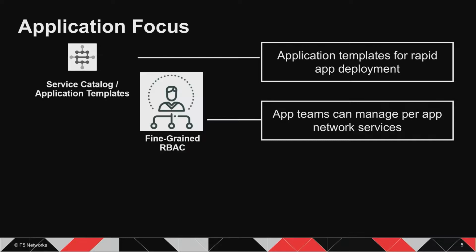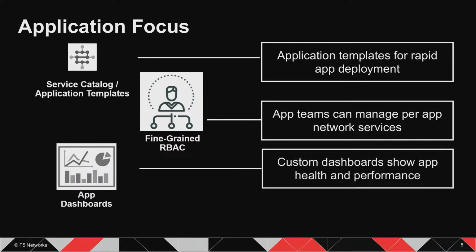After those deployments are out there, we've got fine-grained role-based access control, so those folks can manage and monitor their own applications, and do things like pool member up, down, virtual server up, down. If the admins want to give them access to do all of that, they can largely manage their own change window activity, so you're not buried in tickets or getting the call at 2 o'clock in the morning to say, hey, I finished the service on my app server, can you put that back in rotation? They should be able to do it themselves.